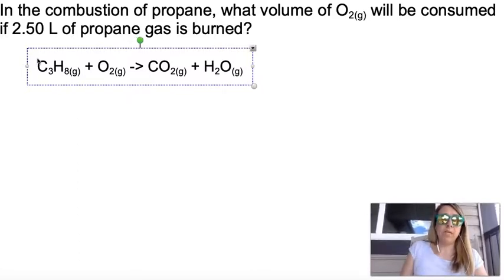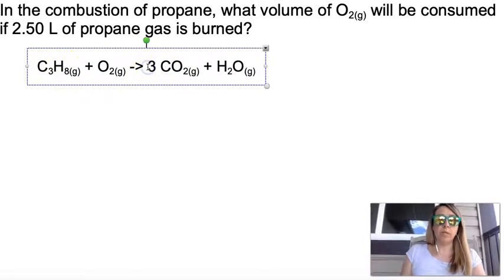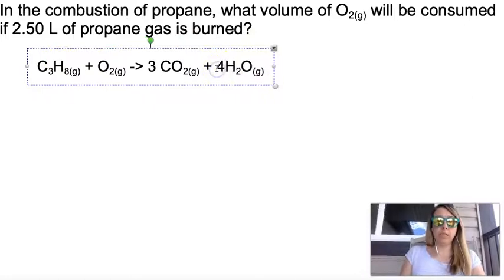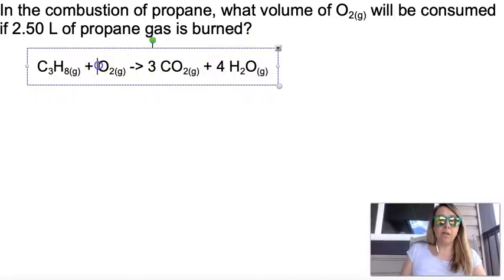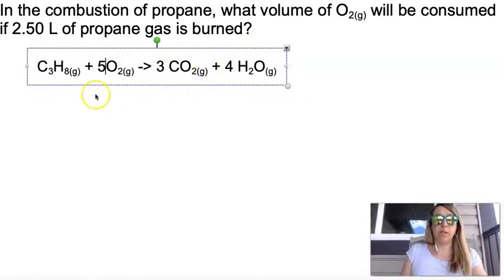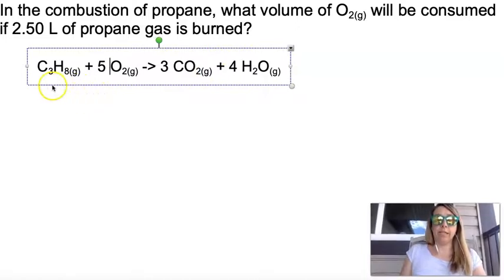All right, we need to balance this. There are 3 C's, so 3 over here. There are 8 H's, so 4 in here, and then based off of that, we have 10 O's on this side, so we're going to need 5 over here.